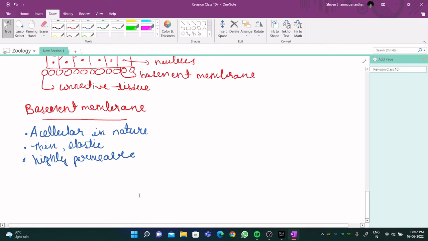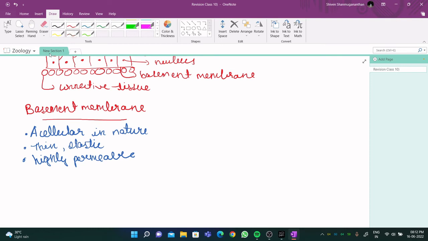Now the function. The function of the basement membrane is to allow the diffusion of nutrients and gases from the internal connective tissue towards the outer epithelial cells. So let's write that.